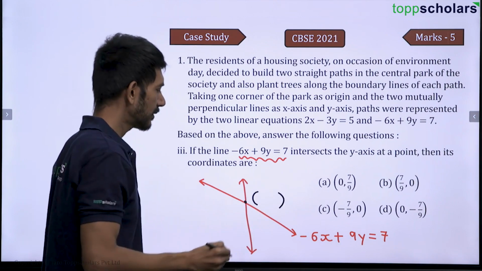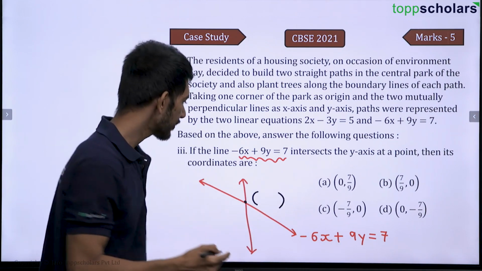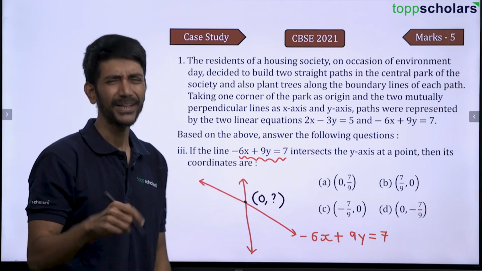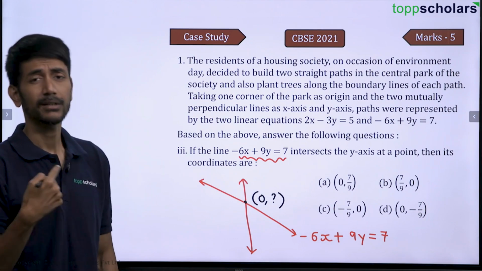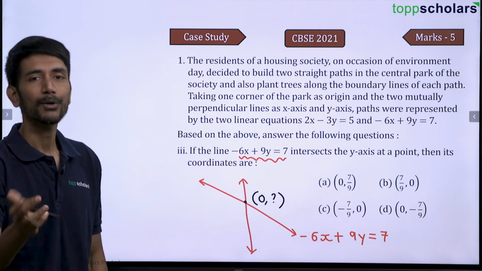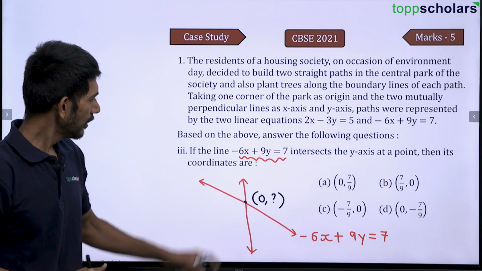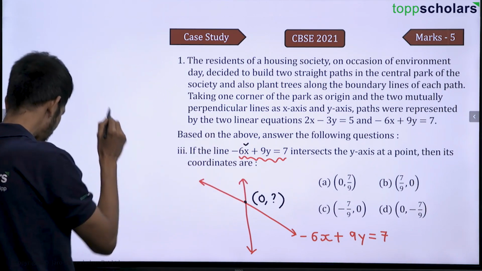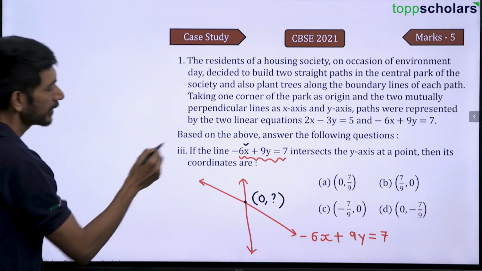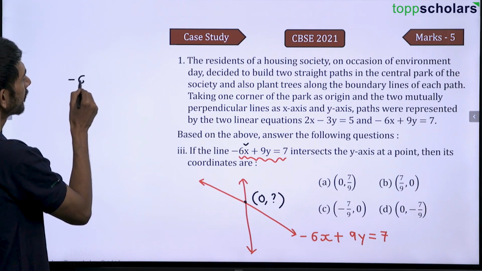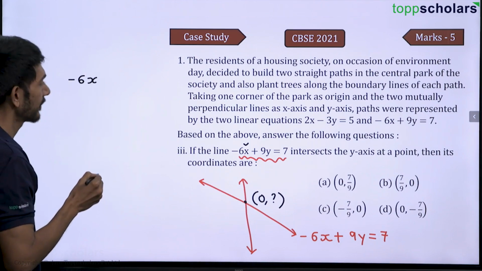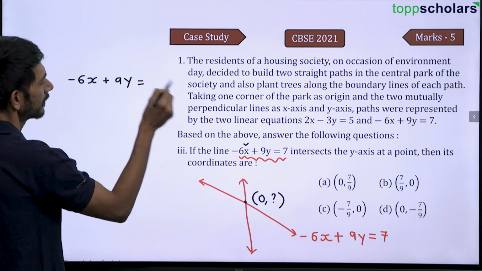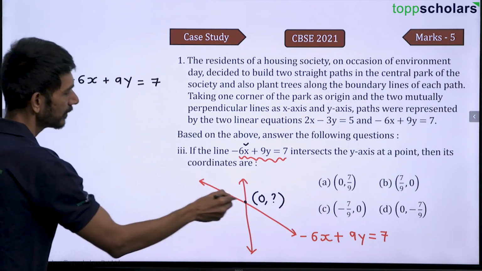Now always remember, every point on the y-axis is of the form 0, comma something, that is 0, 1, 0, 2, 0, 3, 0, 10, 0, 20 and so on. So what you do is, you just put x as 0. So the line that I have over here is minus 6x plus 9y is equal to 7.